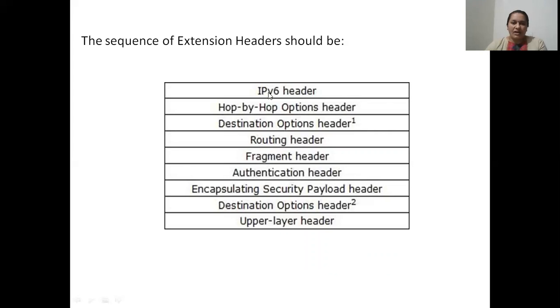First, the IPv6 fixed header has to be placed, and immediately next to it, the hop by hop options header will be placed. Next is destination options header, followed by routing header, then fragment header, followed by authentication header. This is followed by encapsulating security payload header. This will be followed by the destination options header, and lastly the upper layer header.